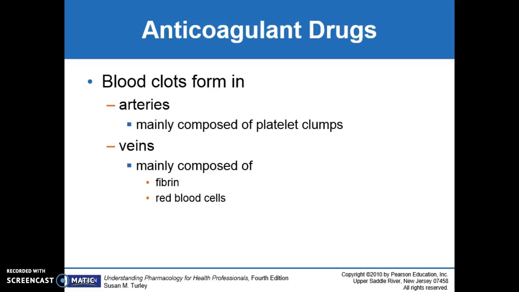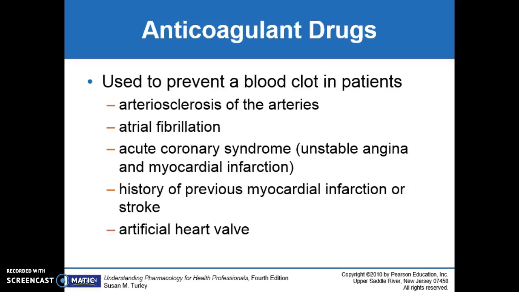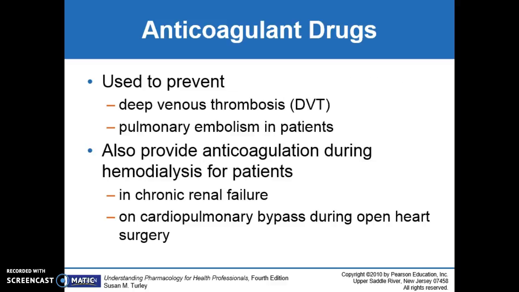So we're going to use them in lots of different types of situations. Patients who have atrial fibrillation, a history of heart attack, maybe they have an artificial heart valve. Maybe we want to prevent deep vein thrombosis, which typically happens in our patients who are bedridden. Pulmonary embolism. Anybody who has chronic renal failure may be put on anticoagulants.